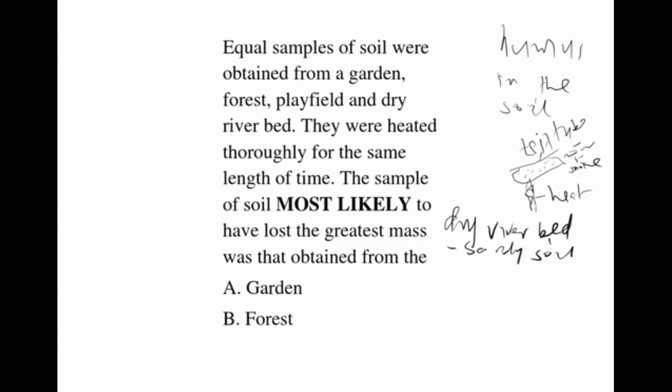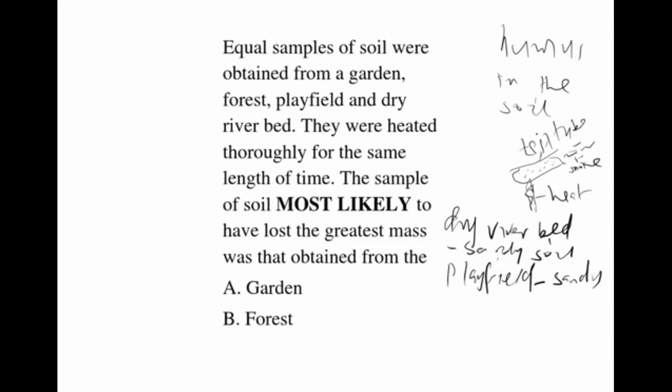Then from there we have the playing field. Also in the playing field the soil was likely to be a mixture of maybe clay and sand. Therefore, in the playing field you'll find there is not much humus.